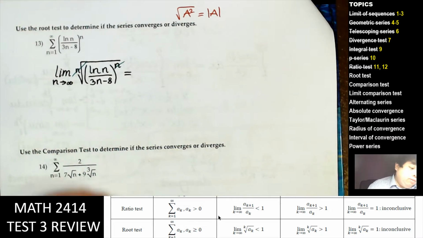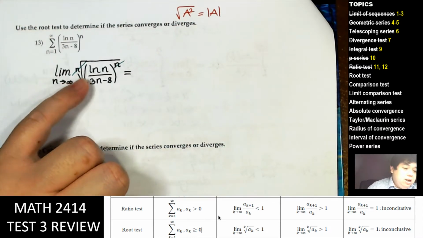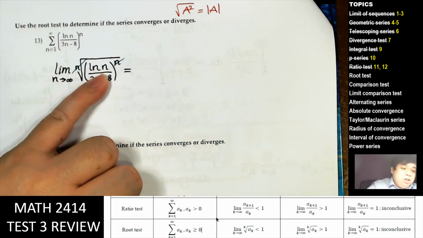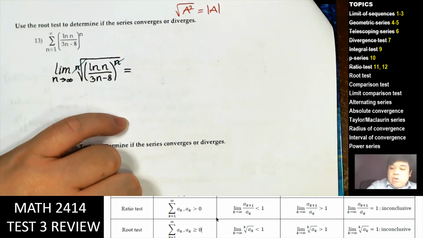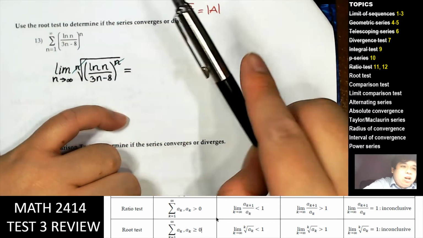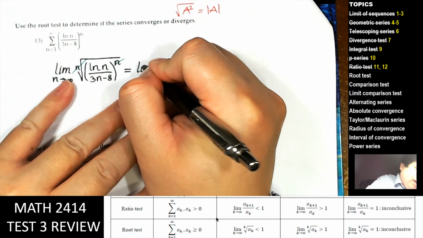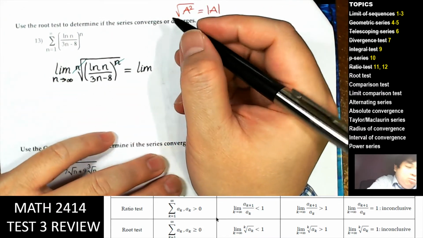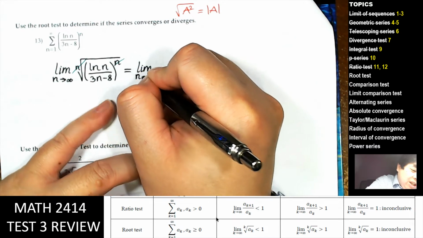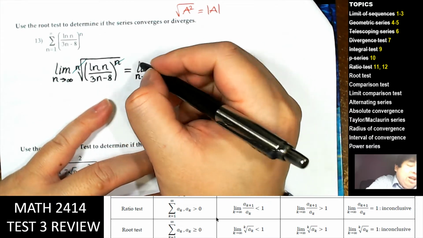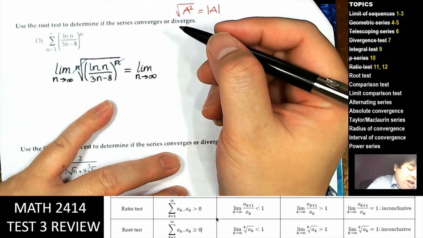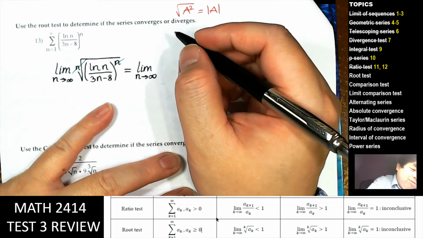So it is good. We can use the root test, and because it is greater than or equal to 0, the root and the power cancel out. Otherwise, we require the absolute values when the power is even. So there are a lot of things here if the term is negative. We cannot do that.